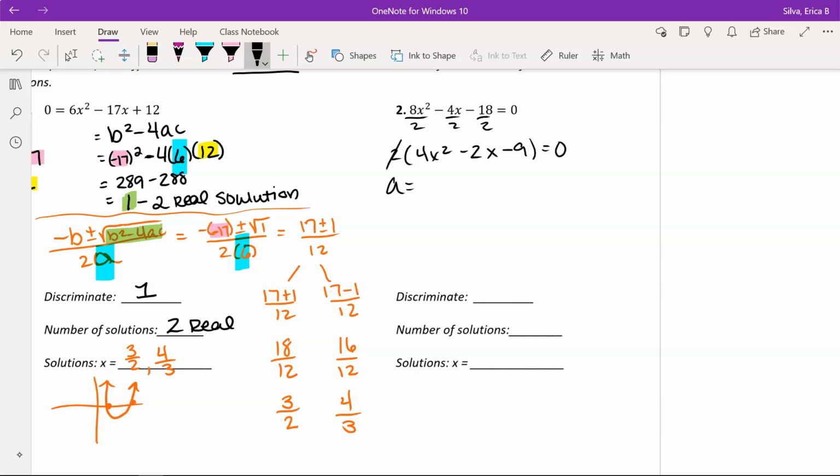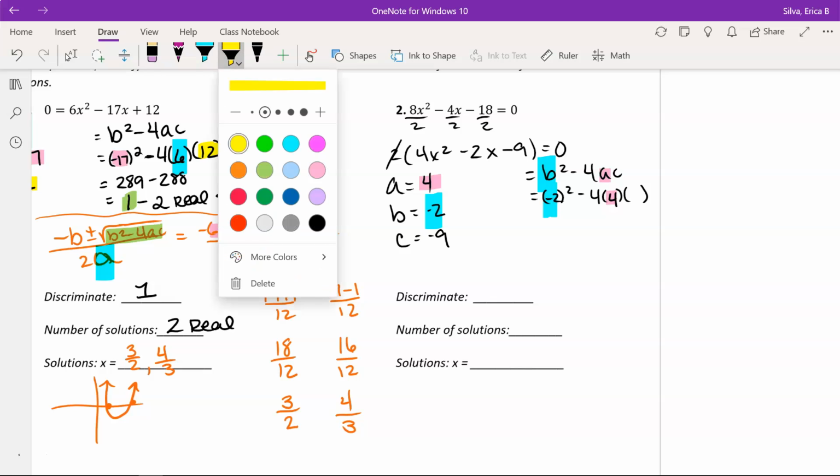And now we have my a is 4, my b is negative 2, and my c is negative 9. So first we're going to find our discriminant, b squared minus 4ac. Set up my parentheses. Your a will go here. My b, careful with those negatives, will go here.